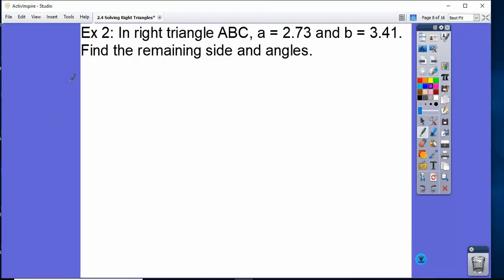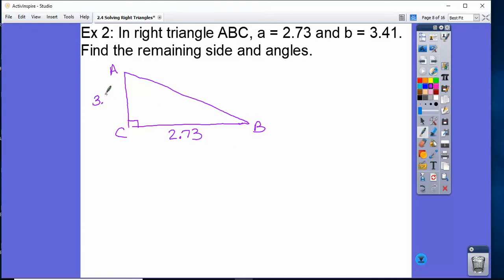So we have right triangle ABC. Side A, so that goes across from angle A, 2.73. Side B across from angle B is 3.41.